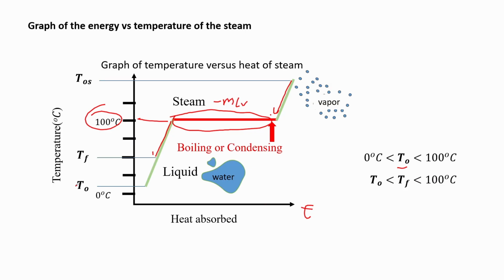For T final, it's obviously less than 100 degrees, but since the steam is now being transformed into water, it must be somewhere here. So the final temperature is of course being raised to some point here. So it cannot be T naught or less than T naught, but rather it's greater than T naught. So these are the values.